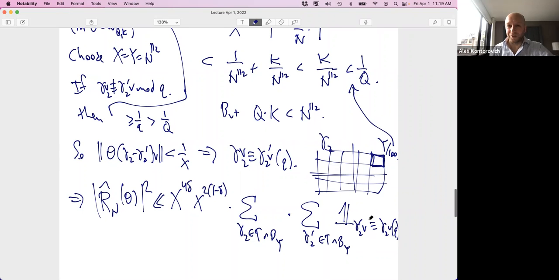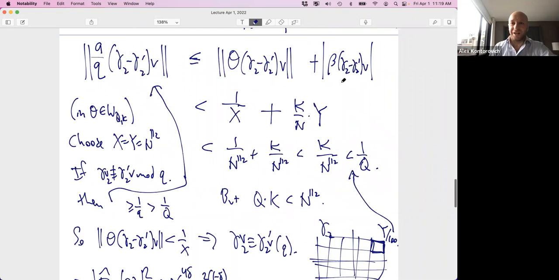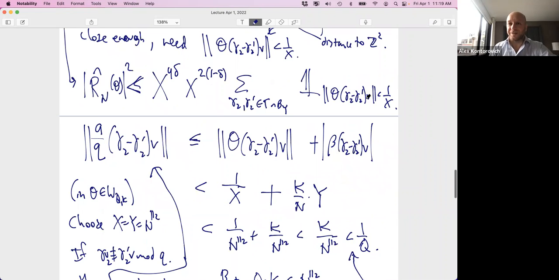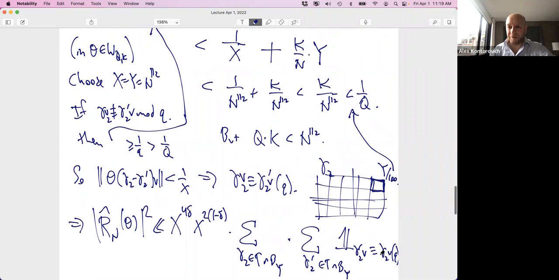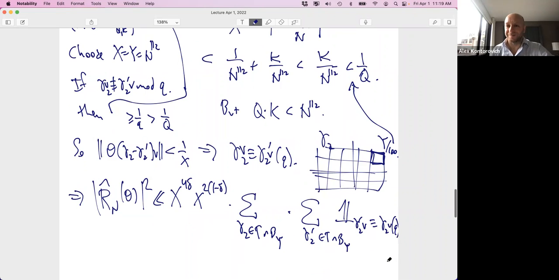So far, so good. I've replaced this indicator function of theta times this difference being at most 1 over x with this congruence. Nick, does that make sense? Great.